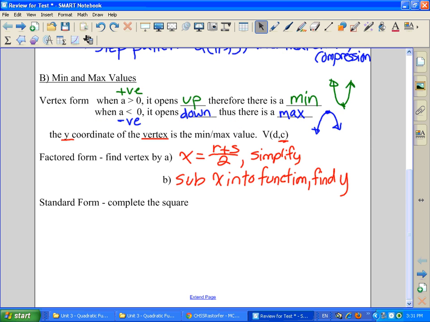And the third one, for the third form, if you're given a quadratic function in standard form, you're going to complete the square. Don't forget your three quick steps here. One, factor a out of the first two terms.